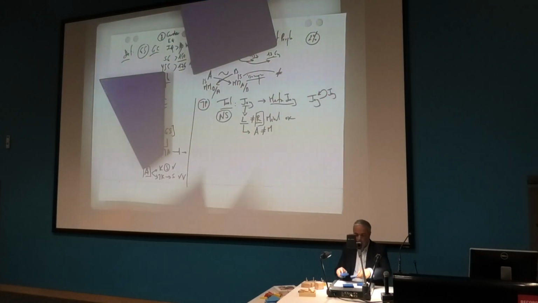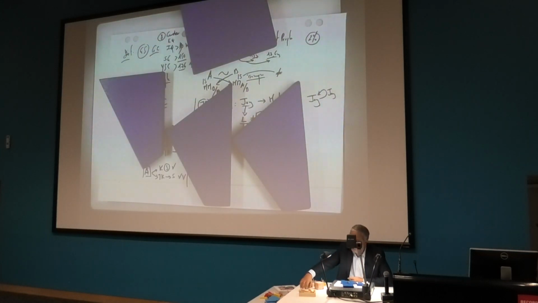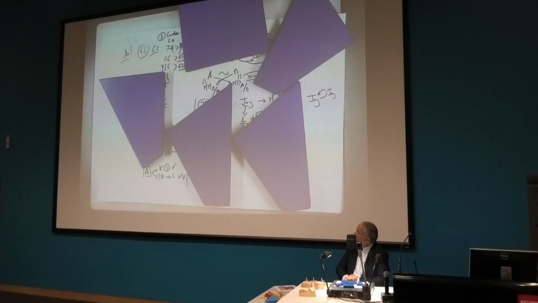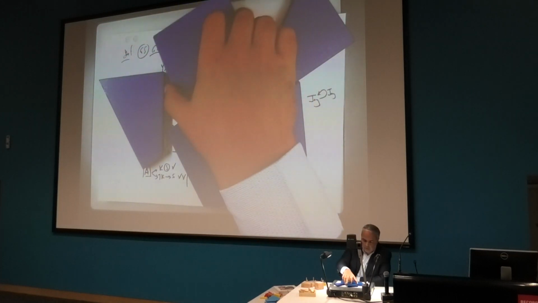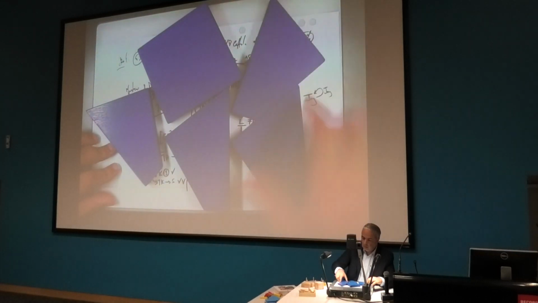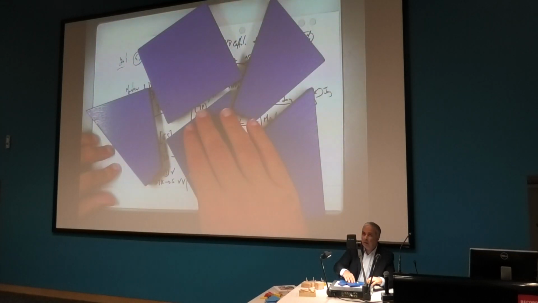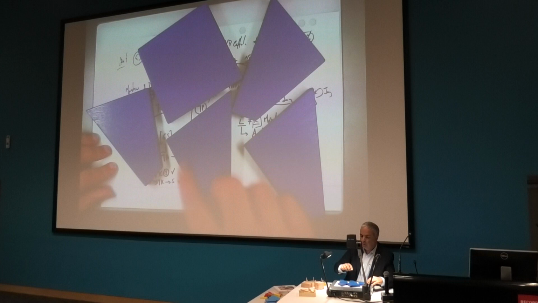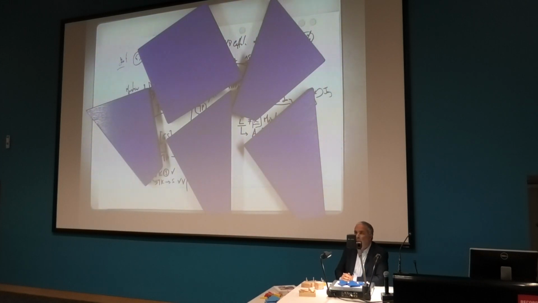We have 5 pieces. If you do not understand what I mean, it's just because it's outside. So if you use these 5 pieces, you have to make a square.